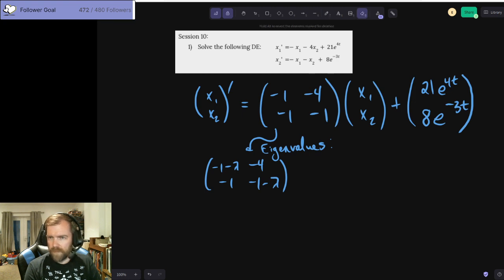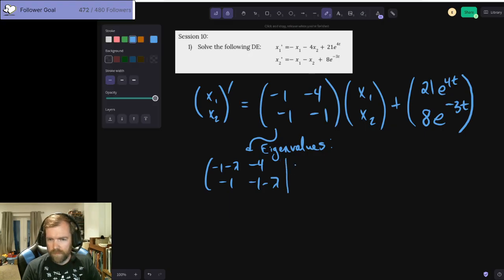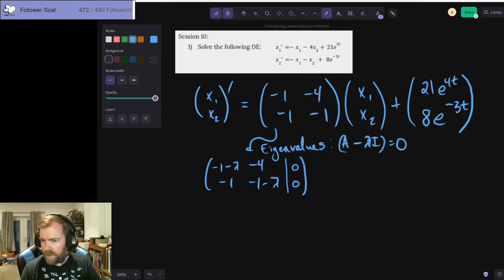Singular, so we want our A minus lambda I determinant to be equal to 0 in order to make sure that, again, we have linearly independent solutions at the end. Alrighty. What do we get? Well, so determinant, sorry. Yes, determinant.